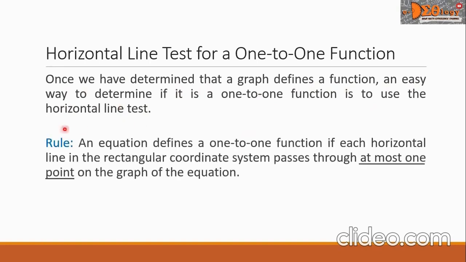This is the rule. An equation defines a one-to-one function if each horizontal line in the rectangular coordinate system passes through at most one point on the graph of the equation.